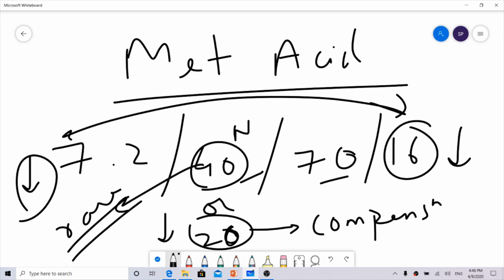I'll not go into detail about acidosis, just in brief. There are two kinds of acidosis, a high anion gap and a normal anion gap acidosis, which is very simple. Normal anion gap basically means the things which are measurable in terms of pH. Anything which is disturbing your normal pH by increasing the carbon dioxide or decreasing the bicarbonate will lead to a normal anion gap acidosis.